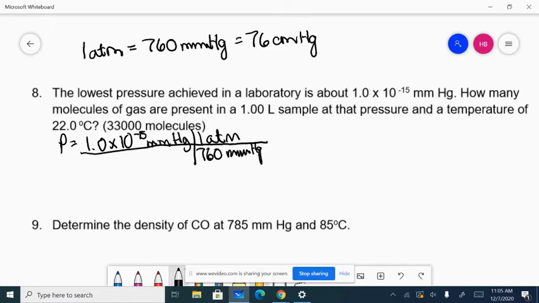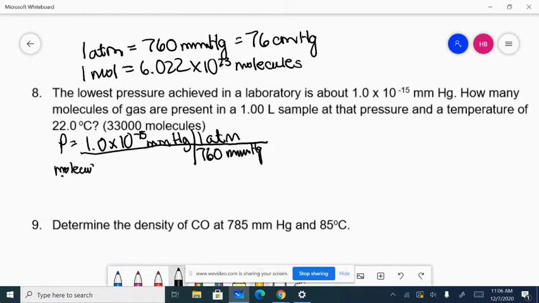So we know the conversion factor: in 1 mole, there is 6.022 times 10 to the 23rd molecules, always. A mole is a counting number, just like a dozen is always 12. 1 mole is always 6.022 times 10 to the 23rd. So we're looking for how many molecules.